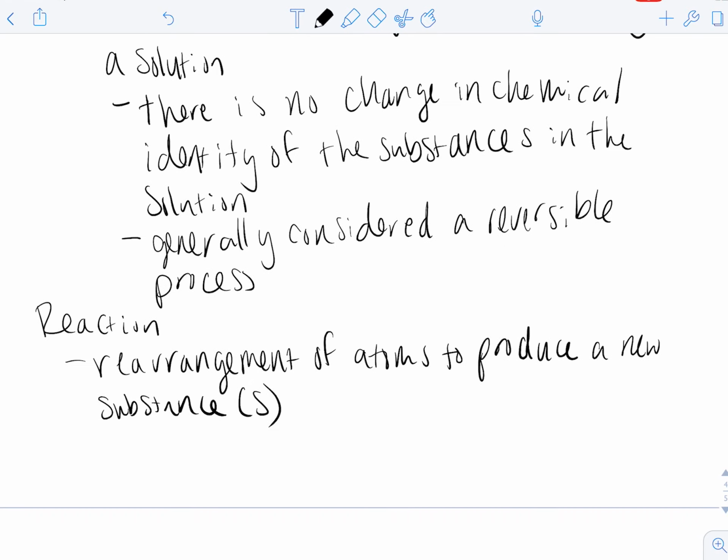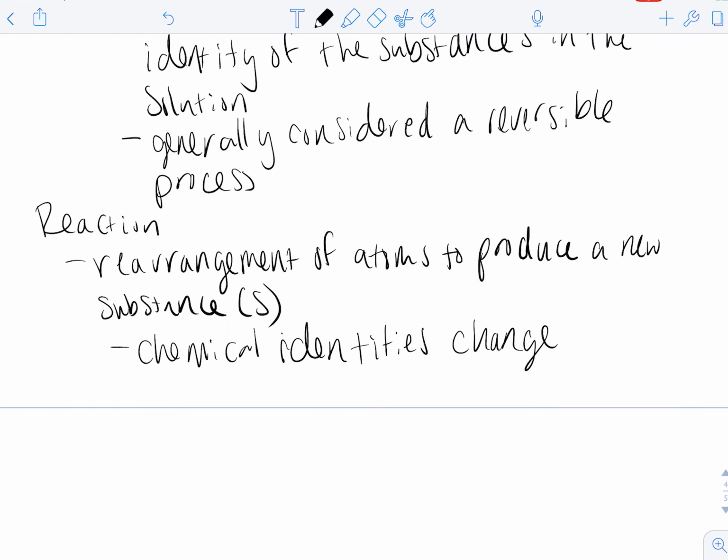So here our chemical identities change, and we usually consider this irreversible, but not always.